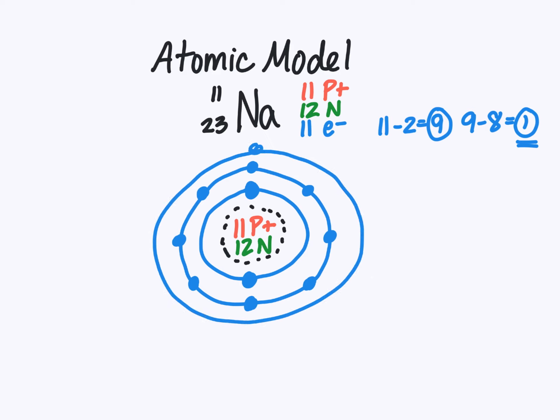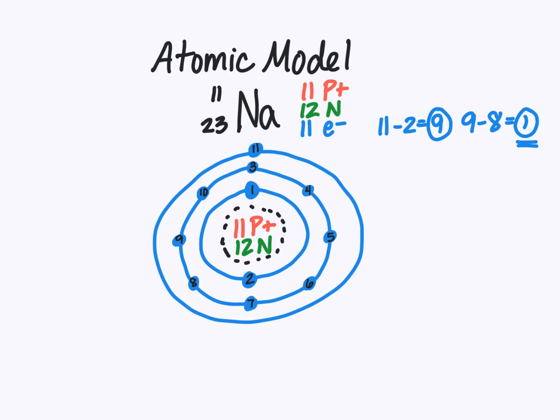And this orbital is only going to hold 1 electron. So once again, we want to go back and double check and make sure all of our electrons are where they should be. So we've got electron number 1, 2, 3, 4, 5, 6, 7, 8, 9, 10, 11. So we have all 11 of our electrons placed in our orbitals.